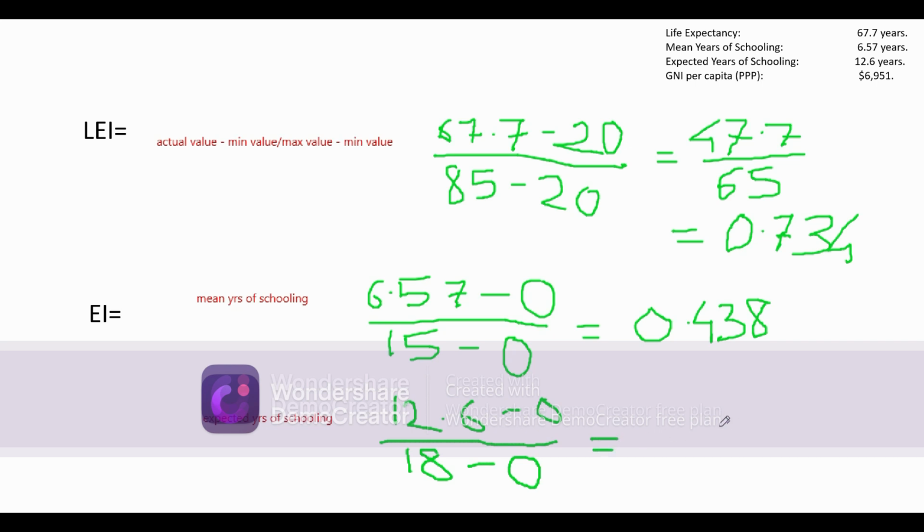So how much will the value be? 0.7. Now we have two indicators, mean years of schooling and expected years of schooling, so we take the arithmetic mean of these two values. We put this as x and we take this as y. Then what we do is we take it as, let me rub this.